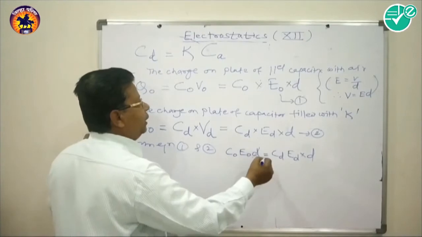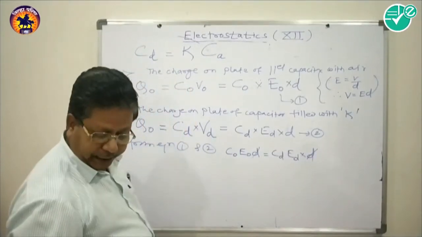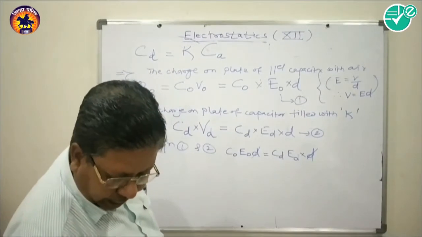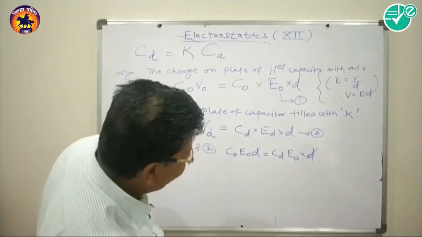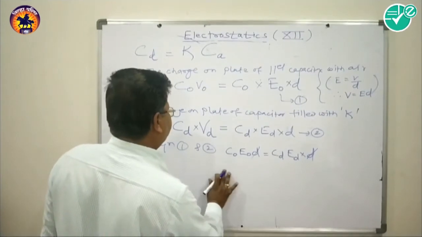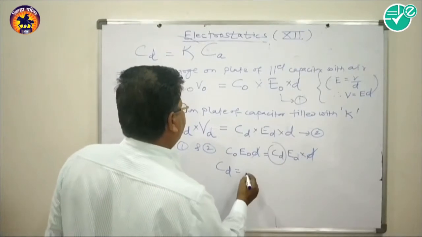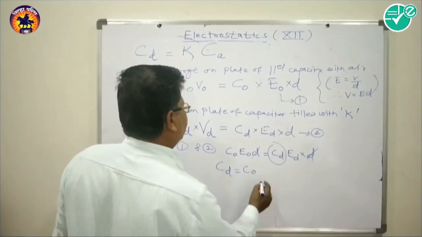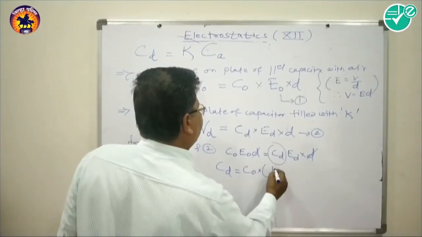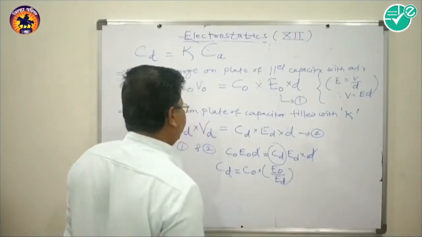Therefore, this d and the small d get cancelled. Then we write CD is equal to C0 into bracket E0 divided by ED.